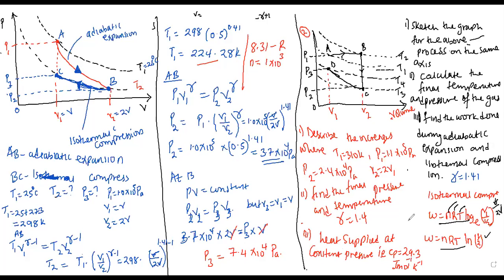The first question is to interpret the graph, assuming temperature T1 was 310 K and the pressure P1 was 1.1 exponent 5. You can try to see what is going on and describe at least AB.